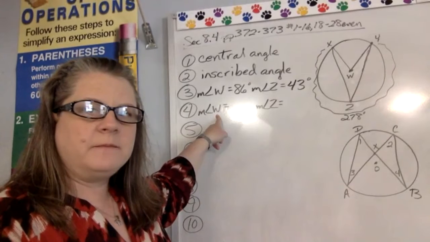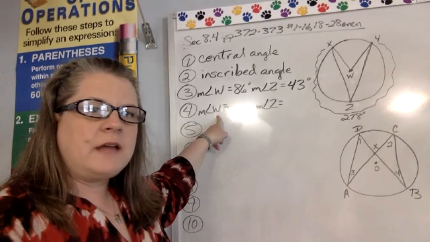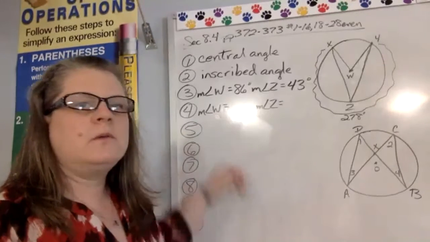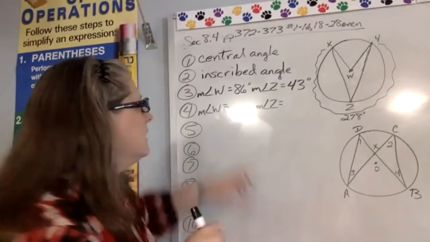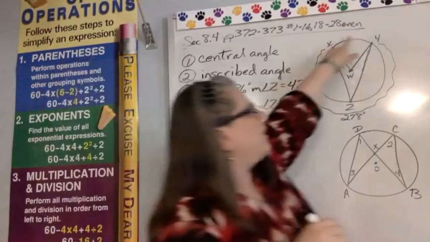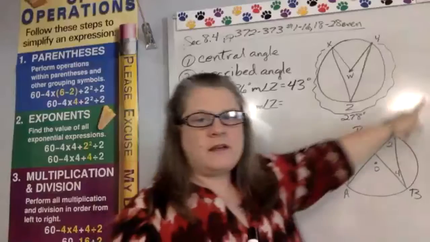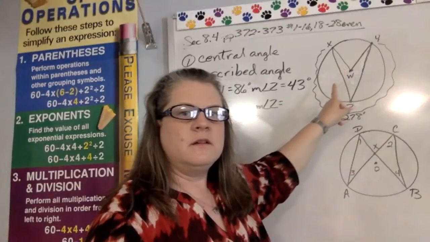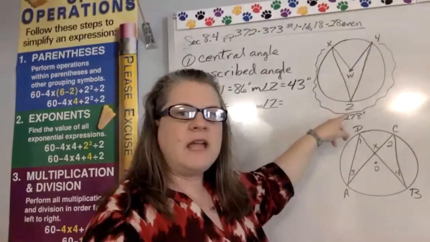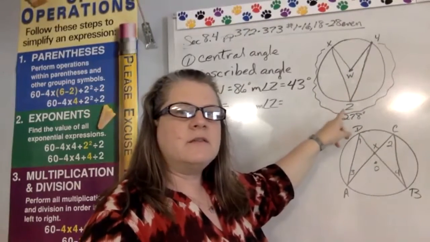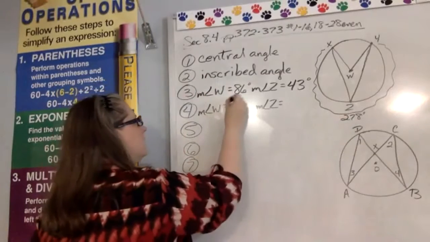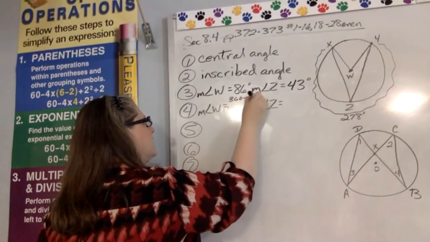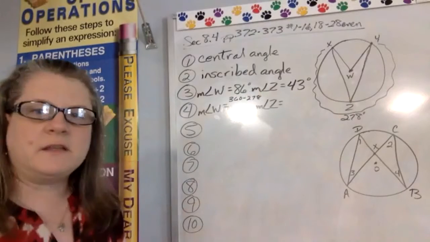Everybody remember that? The entire circle was equal to 360 degrees. So if I want to know this part, I know the rest of it was 278. Then I just take 360 minus 278 to find the missing angle.